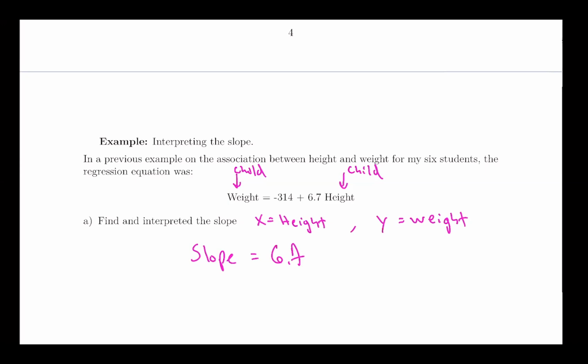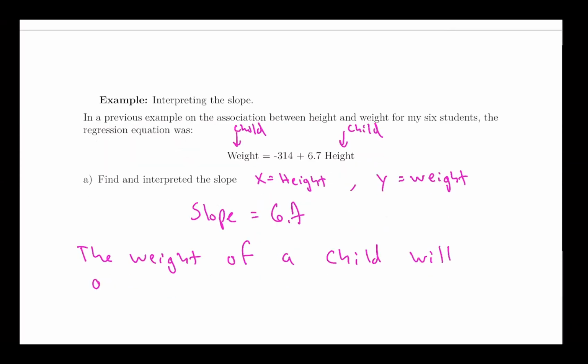All right, so let's interpret this slope. For this one, we'll say the weight of a child will go up or down by 6.7.